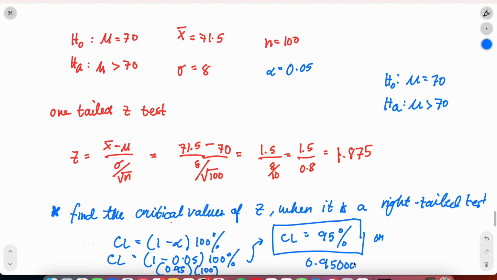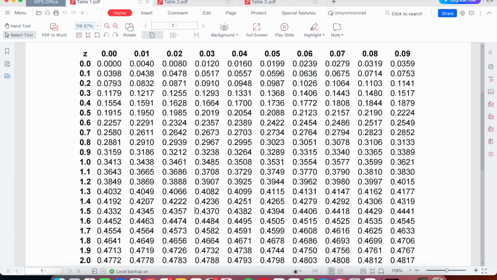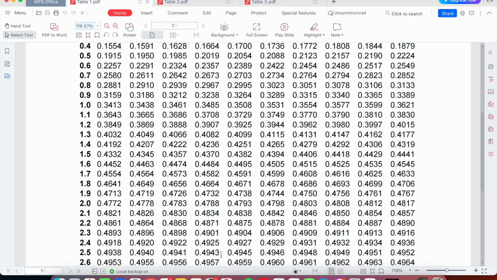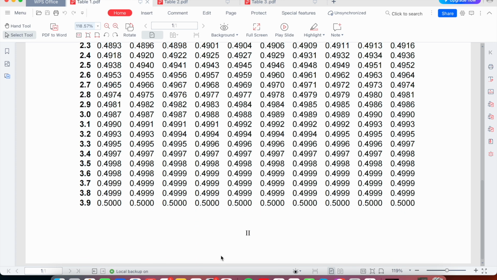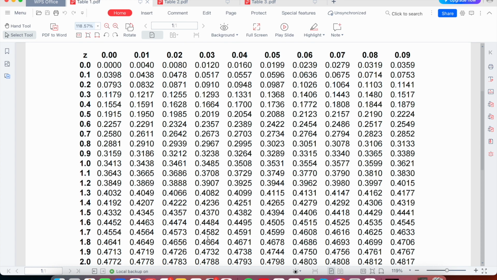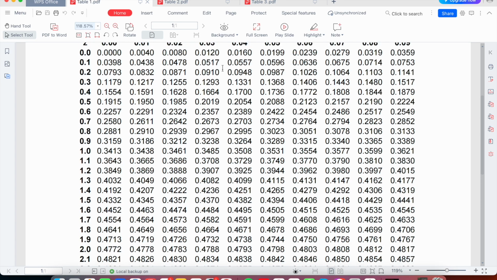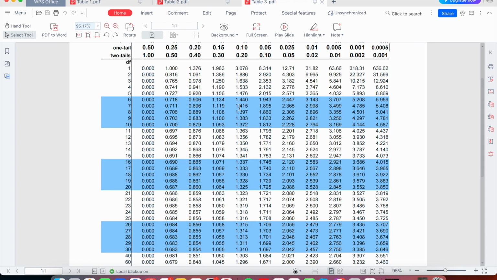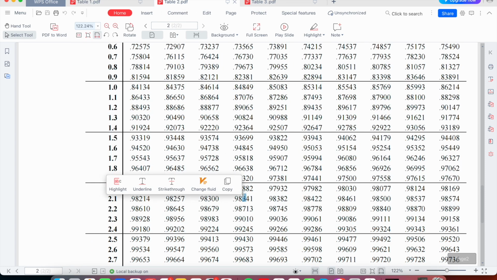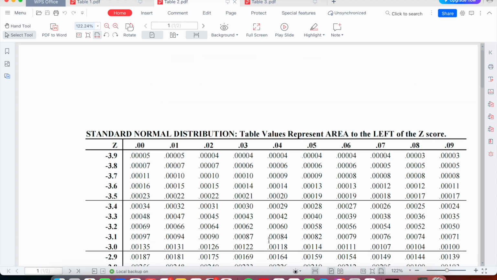So if you look at our standard table here, let's look at the area which we have a 95% level of confidence. I'm using the standard normal table.